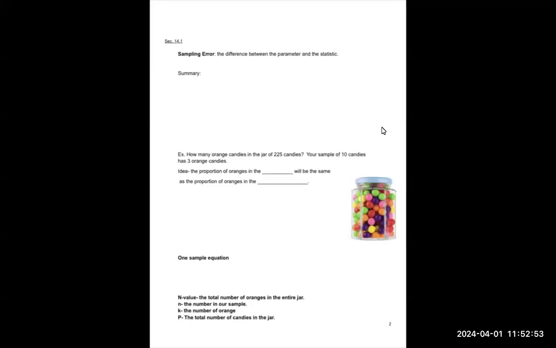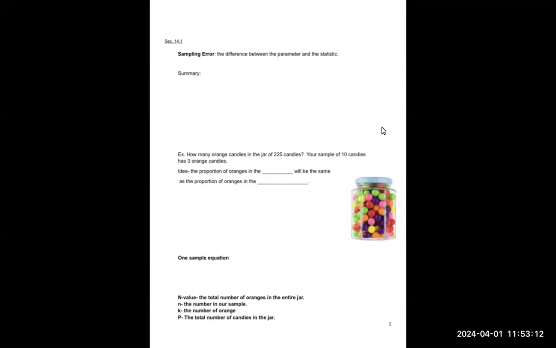So we're going to see two different types of math problems that come from this section. And the first is called a one sample type of problem. Sometimes we're not interested in the number of individuals.